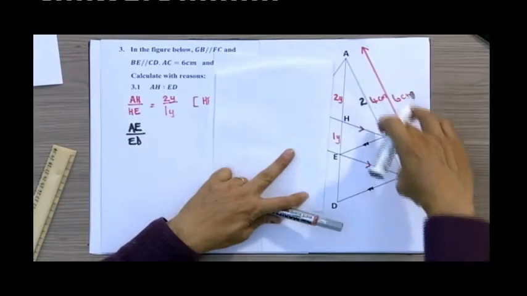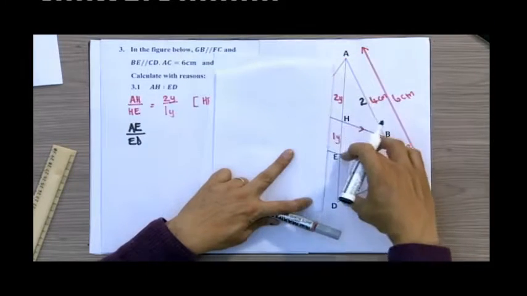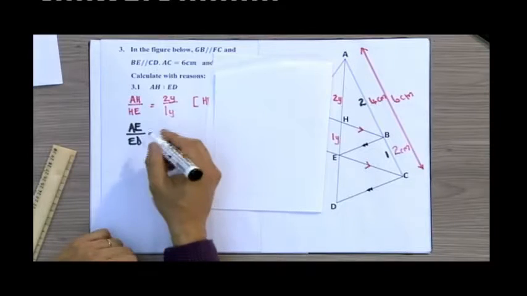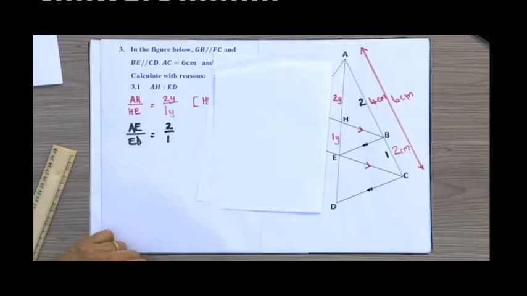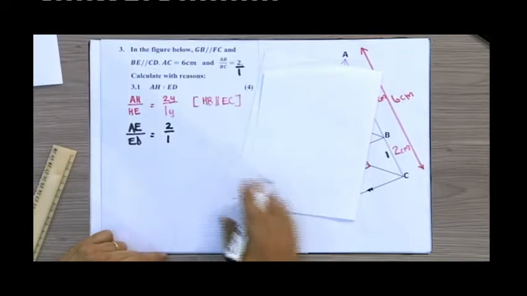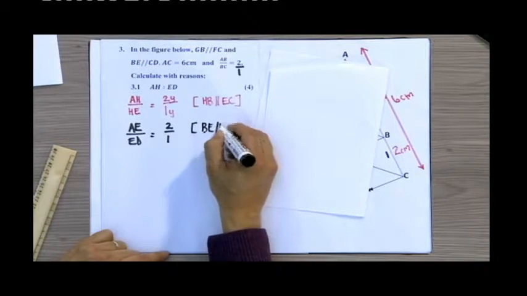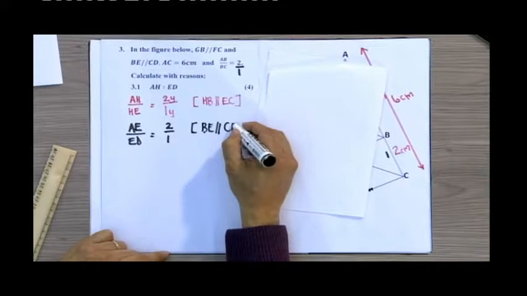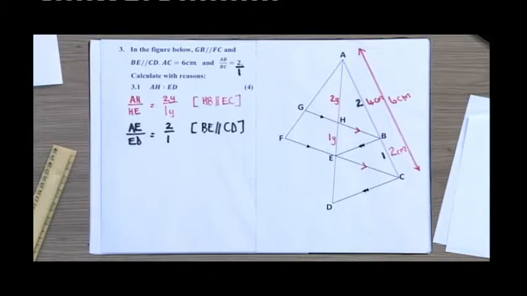It's 2:1. So AE over ED, we can also write as 2:1. And for that reason, obviously, we know that BE is parallel to CD. So just take note, guys, how we work with that.